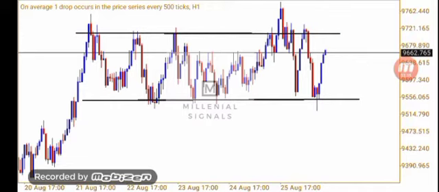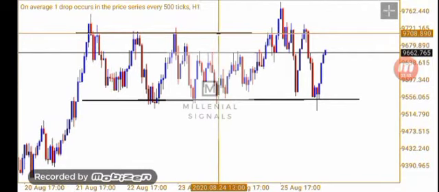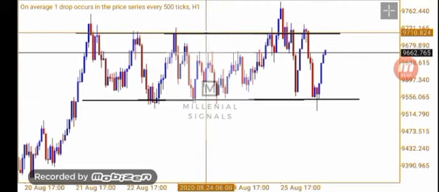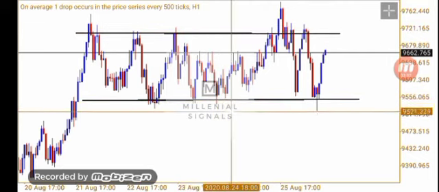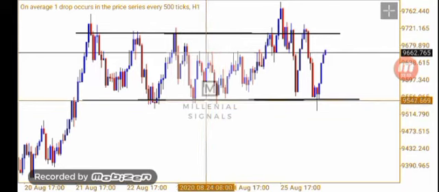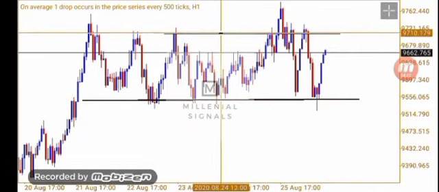Alright, I think we have a valid trend line now. So now we have our support and our resistance. The upper trend line is the resistance level, while the lower trend line is our support level. So we know that we buy from support, and we sell from resistance.